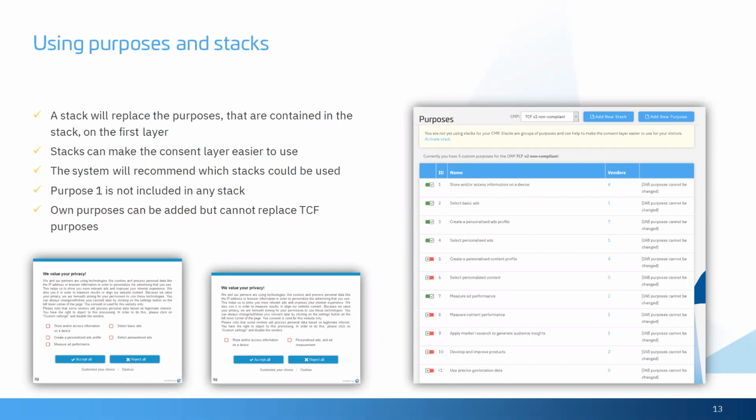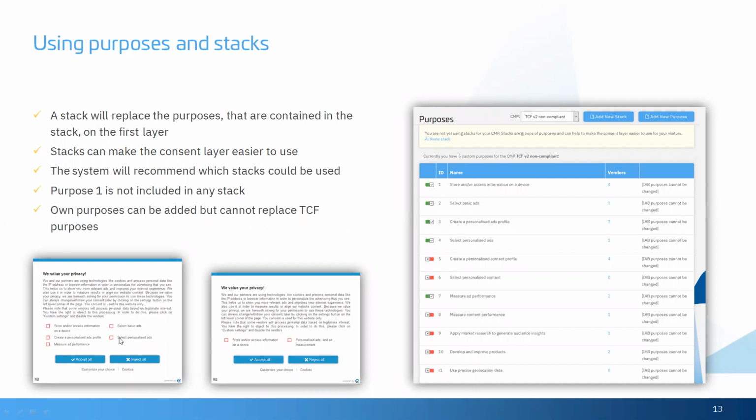A stack, as said, is a group of purposes which will replace the purposes that are included in the stack on the first layer. So, for example, the configuration that's shown here on the right side is purpose 1, 2, 3, 4, and 7. That's basically for advertising the purposes. That means without the stacks, I will have 1, 2, 3, 4, 5 checkboxes on the first layer.